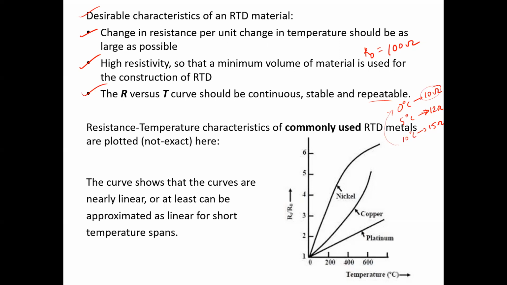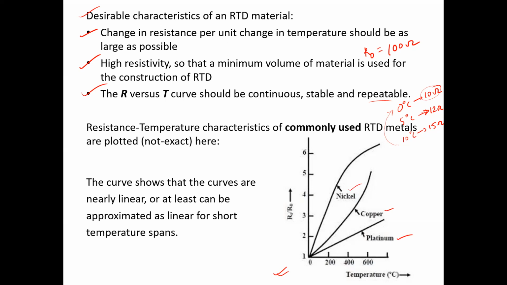as a uniform relationship. Now, for some commonly used metals, the graph between the change in resistance with respect to the change of temperature is shown over here. So the commonly used materials are platinum, copper, and nickel.